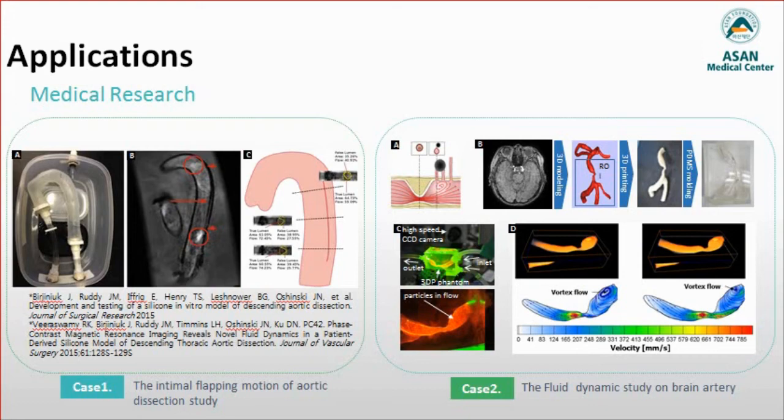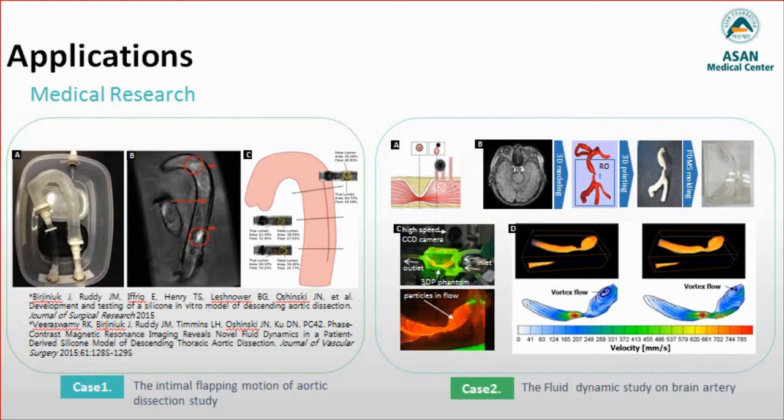Recently, a descending aortic dissection phantom fabricated by 3D printing has used a two-mode process to mimic the intimal flapping motion of aortic dissection. From the CT data, they generated a 3D reconstructed model of descending aortic dissection that was modified to manufacture a 3D printing mold for silicone casting.